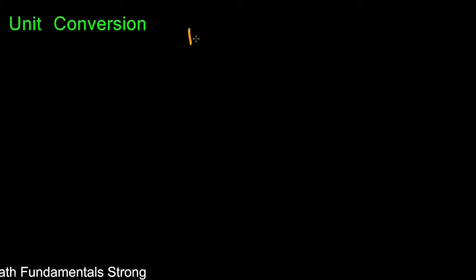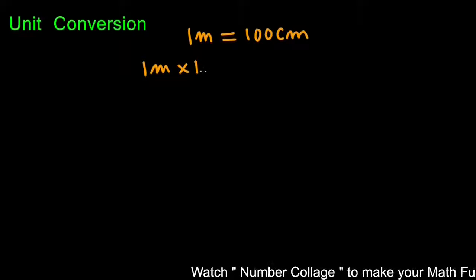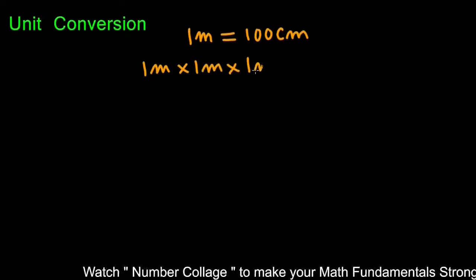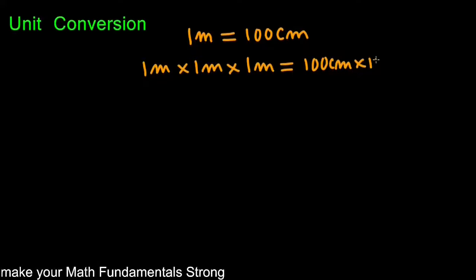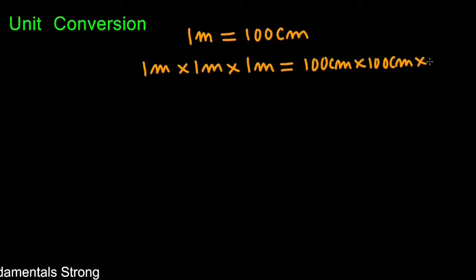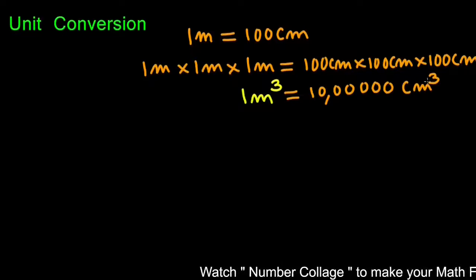We know that 1 meter equals 100 centimeter. Therefore, 1 meter multiplied by 1 meter multiplied by 1 meter will be equal to 100 centimeter multiplied by 100 centimeter multiplied by 100 centimeter. So that will be 10 lakh centimeter cube. So therefore, 1 meter cube is equal to 10 lakh centimeter cube.